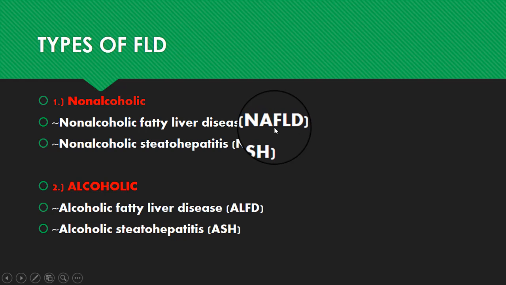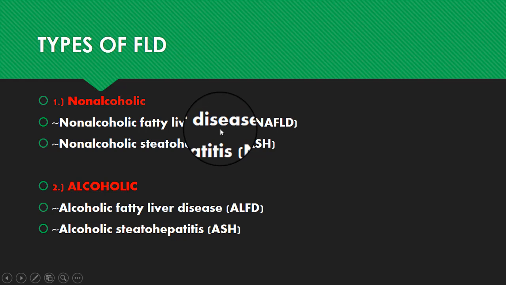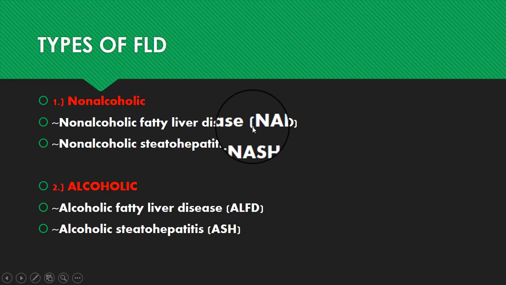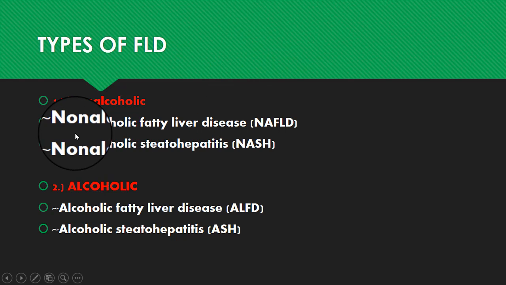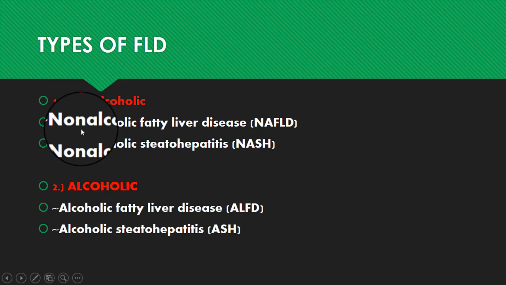Non-alcoholic fatty liver disease occurs when fat builds up in the liver of people who don't drink a lot of alcohol. And if you have excess fat in your liver and no history of heavy alcohol use, then your doctor may diagnose you with NAFLD.